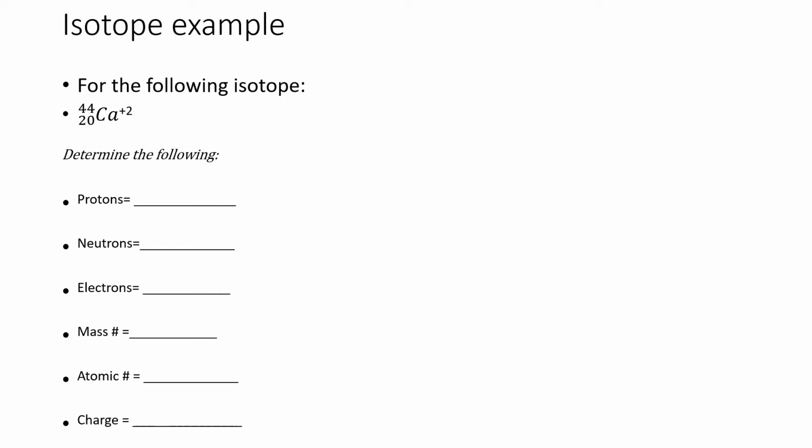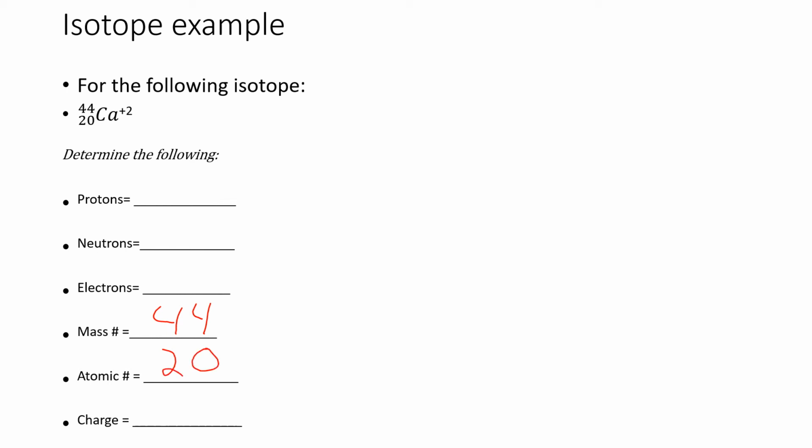I'm going to do this the same way as the previous one and take out the easy ones first. The easiest ones are mass number, atomic number, and charge. Reason being, that's just knowing where those things are located. Mass number is always in the upper left-hand corner. So the mass number there will be 44. The atomic number is always in the lower left-hand corner. That will be 20.